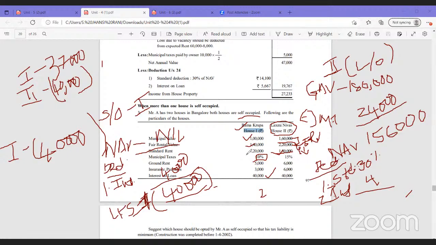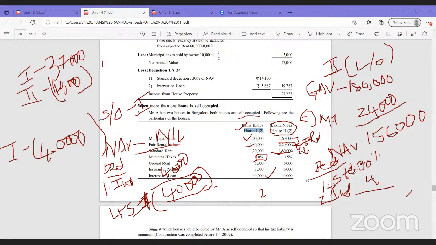Please calculate, madam. 1 lakh 20,000 minus 12,000 is 1 lakh 8,000. How 12,000, sir? Municipal value is 1 lakh here, sir, house one. 10% of 1 lakh will be 10,000, no, sir? Yeah. Okay. Yes, 12,000 was given by mistake.